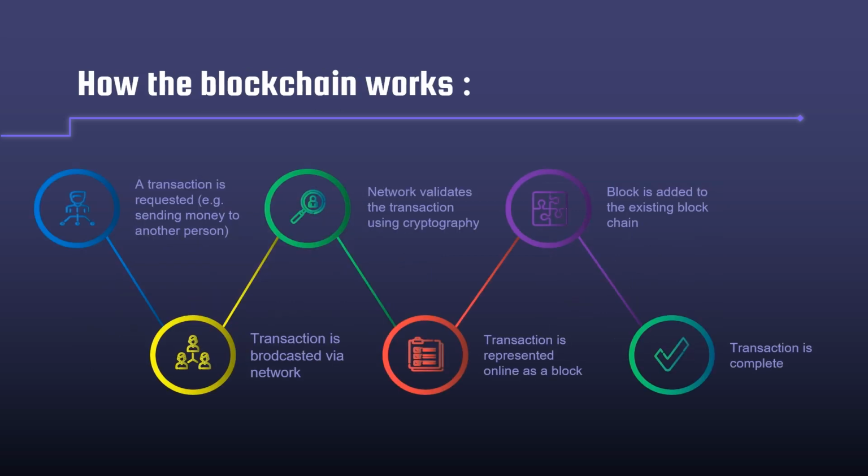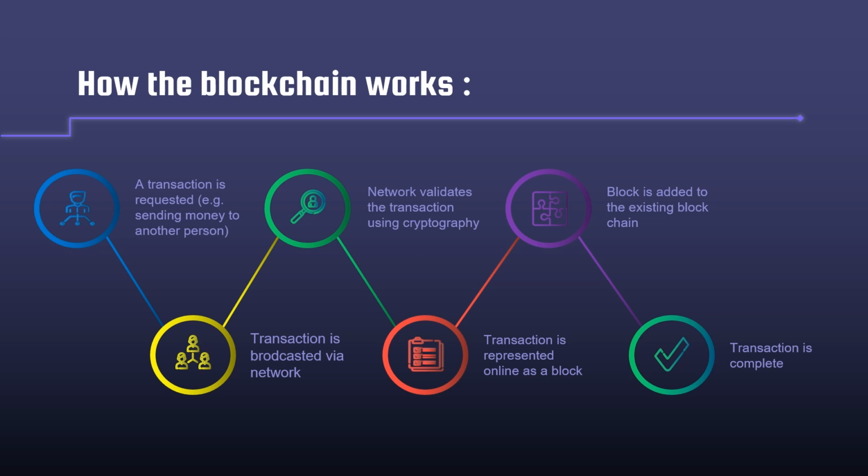How the blockchain works. A diagram that shows how a transaction is completed using a blockchain. The process of completing a transaction using blockchain is as follows. 1. A transaction is requested, such as sending money to another person. 2. The transaction is broadcast to the network of computers that are part of the blockchain. 3.